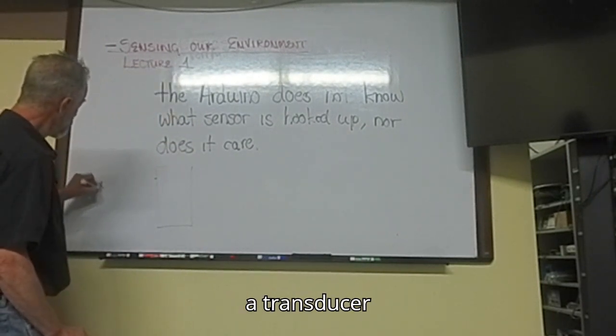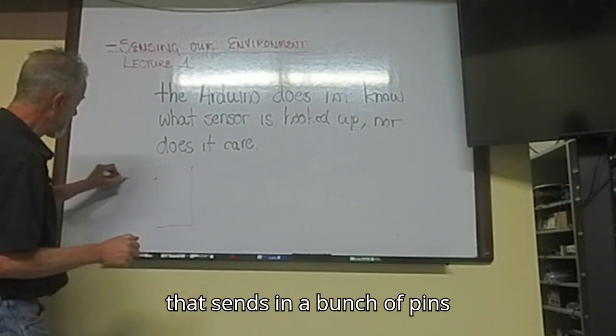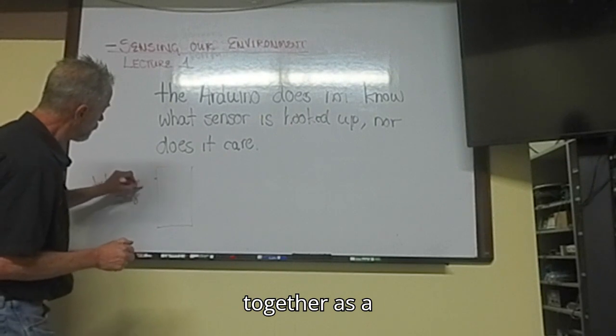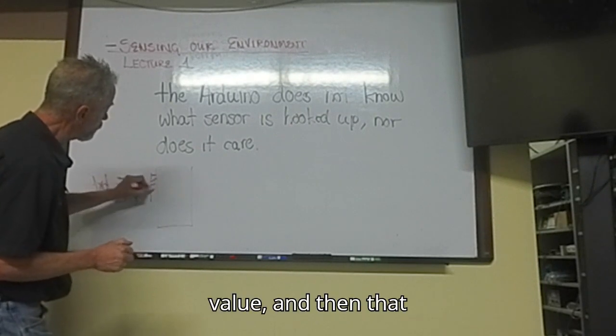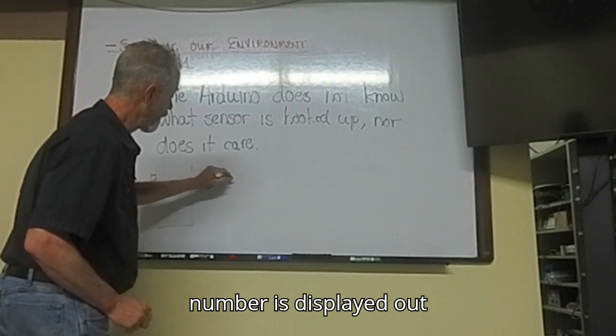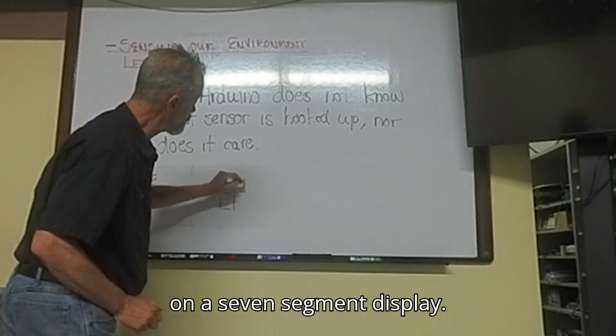If I have a transducer that sends in a bunch of pins together as a value, and then that number is displayed out here on a 7-segment display.